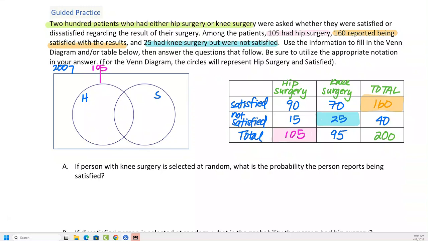The 160 reported satisfied with the results, that's going to be here. 25 had knee surgery and were not satisfied. So knee surgery is outside of the H circle, not satisfied is outside of the S circle. So for both of them, that means the 25 is going to go here.